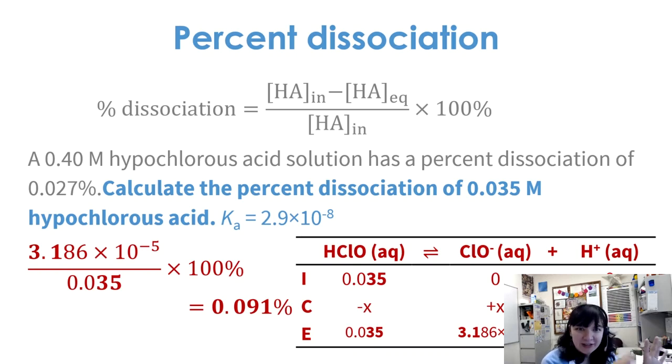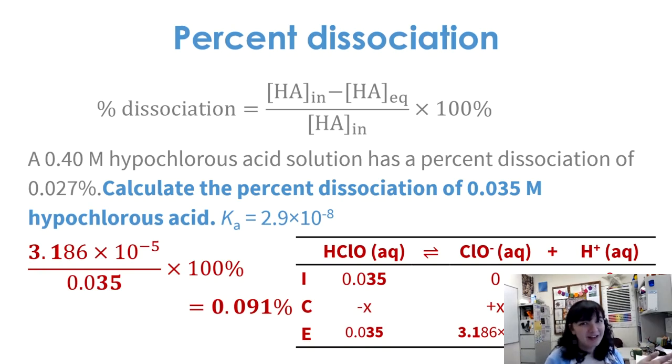So the percent dissociation is a little funky, right? It depends not just on the acid dissociation constant itself, but also on the concentration of the acid being used here. In a weird, hard to rationalize way, as the concentration of the weak acid decreases, we actually see a higher percentage of it dissociate.